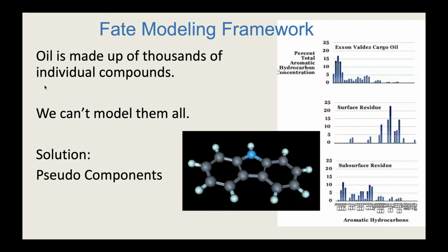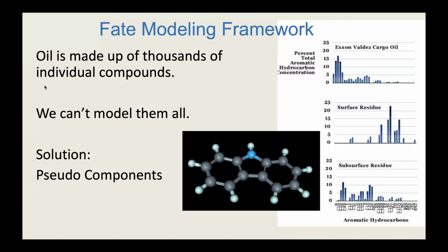The fate modeling framework is for how the model transforms oil, which is a really complicated material. It's made up of thousands of individual compounds, and there's really no way we could be modeling each of those compounds and what's going on with them. So our solution is what's called a pseudo-component approach, where you break the oil down into some manageable number of components that represent collections of compounds that have similar behavior.